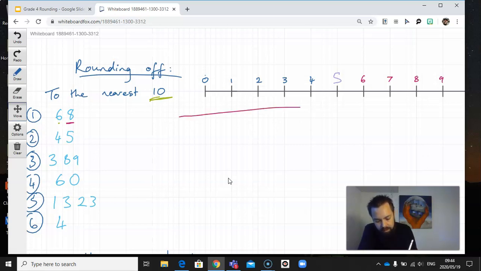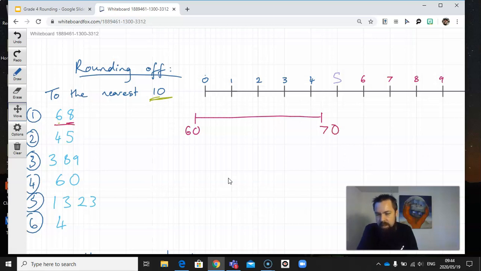Because what we're really doing is, we've got 60 on one side, 70 on the other side, and we're trying to see if 68 is closer to 70 or to 60. So if we had the spacings on here, 68 would be around about there. I'm sure most of you can see already that it's going to go here.